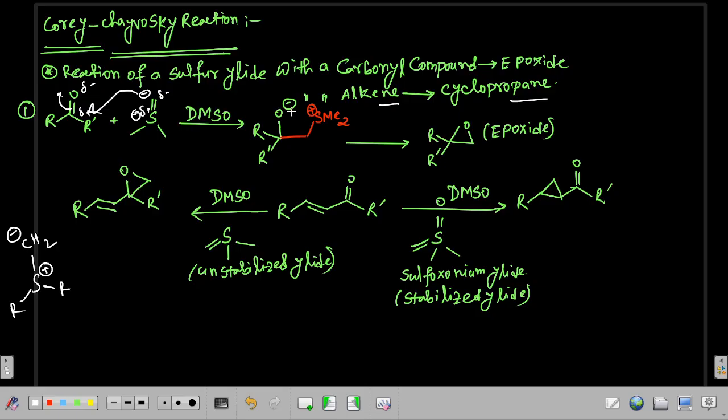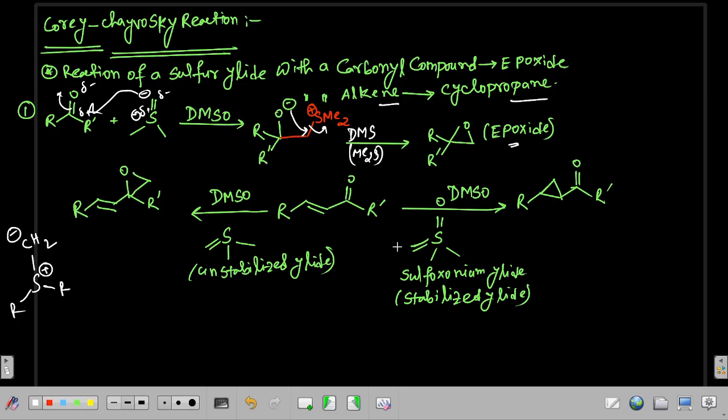Now this anion will attack on this carbon, and it leads to the removal of DMS, that is dimethyl sulfide, Me2S, and it leads to the formation of this epoxide.